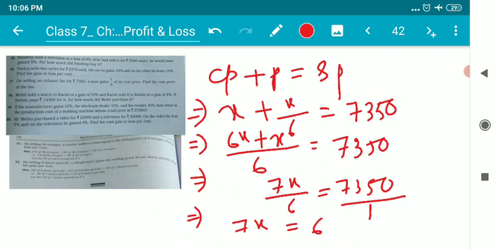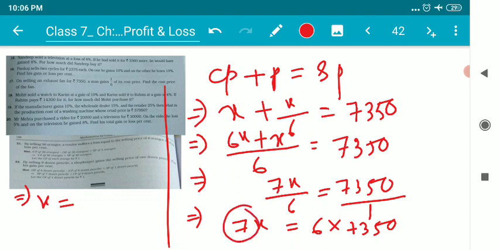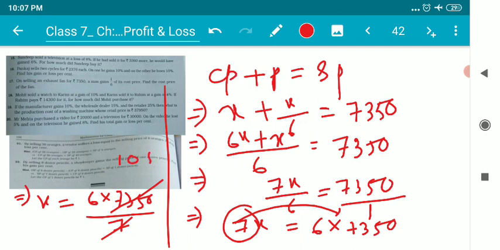Let it be like this only. I don't want to multiply because I want to reduce it afterwards. Children, I have no space, so I'm using this space over here. X will be kept. 7 will be transposed from the left hand side to the right hand side, and that is going to be divided. 6 into 7,350 divided by 7. Okay children, 7 can be cancelled with this number. 7 ones are 7. 3 is not going, so I'll get a 0. 5 sevens are 35 and 0. 1050.